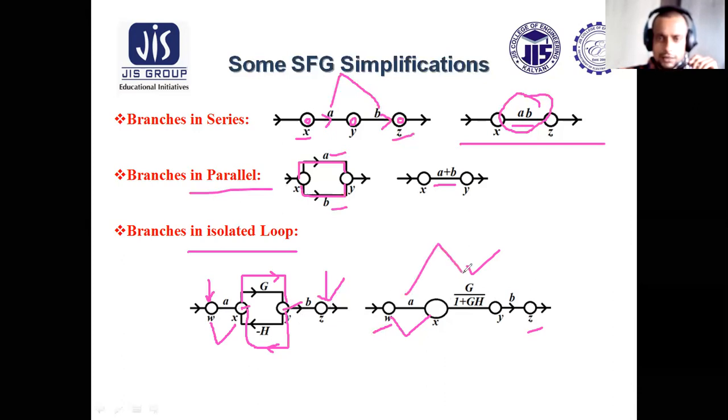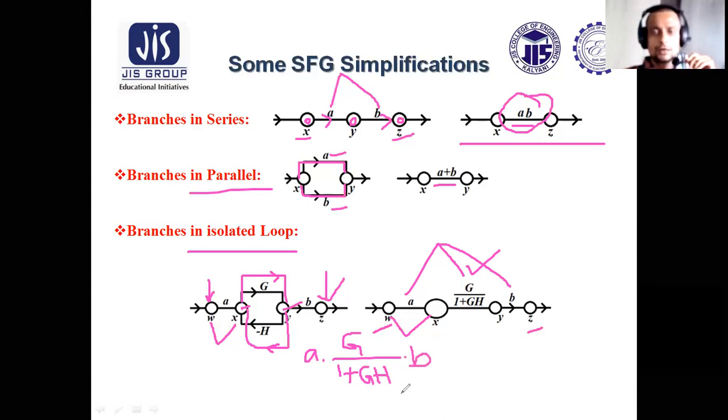So now these three are path transmittances having series connection. So the overall transmittance will be A multiplied by G by 1 plus GH multiplied by B. These three are multiplied together to get the overall transmittance.